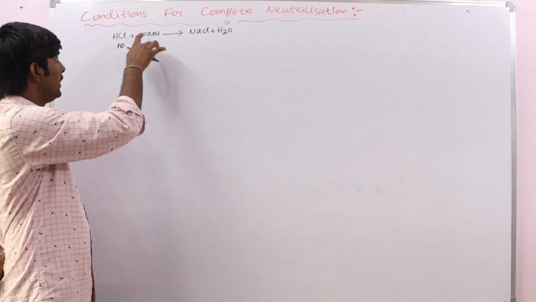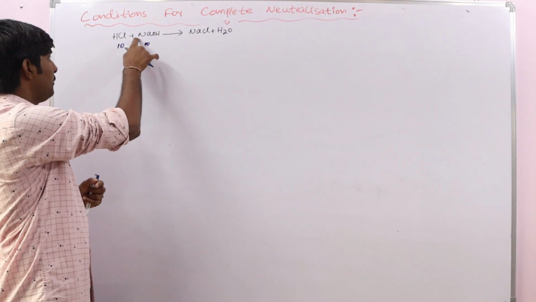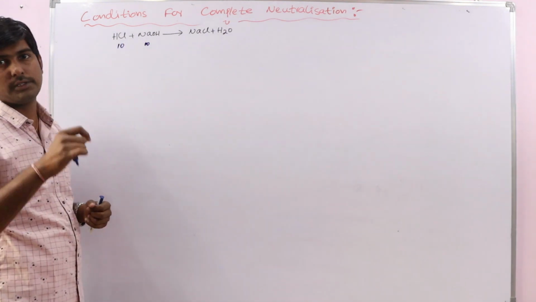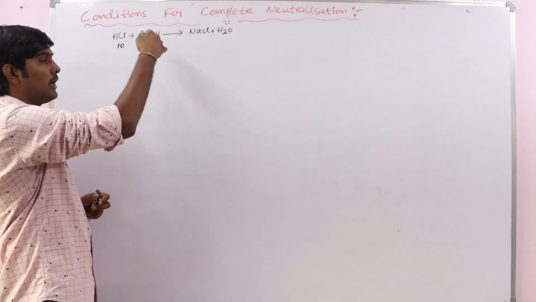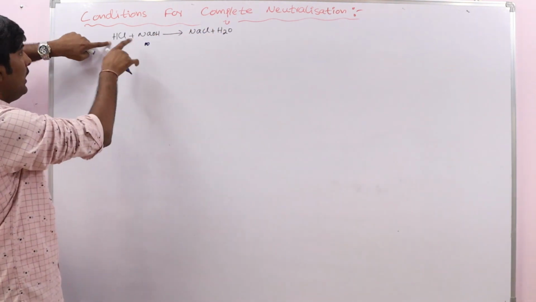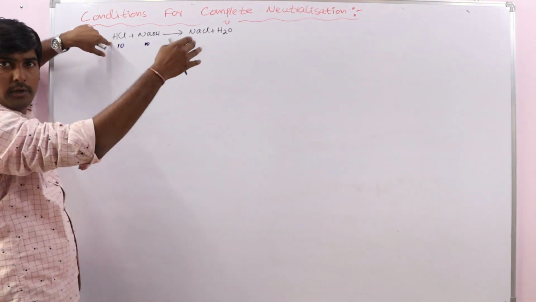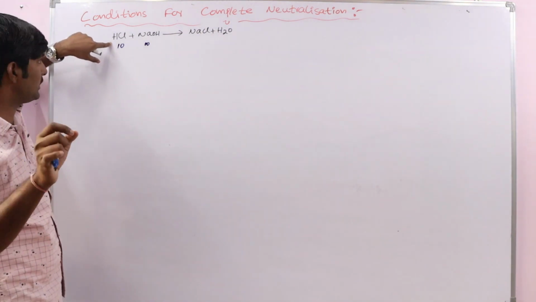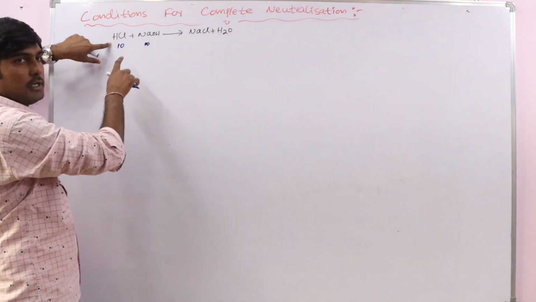Total NaOH molecules are reacted with total HCl, which means at that point, complete neutralization, the base is completely neutralized by the acid which we are adding. So 10 molecules of NaOH we have taken, for our understanding purpose, and we are adding HCl molecules.